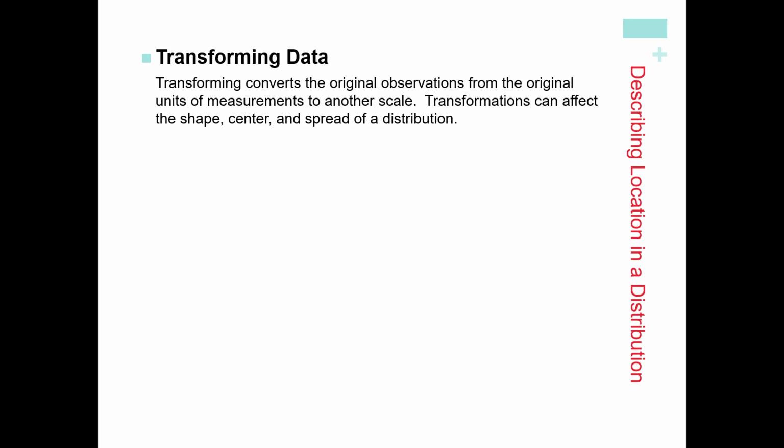On the flip side, if you were doing something like curving a test, that would be a different kind of transformation, because you'd be adding either a flat point value to everybody's test score, or you'd be multiplying all the test scores by some kind of factor. And we're going to look at how both of those affect the shape, the center, and the spread of a distribution.